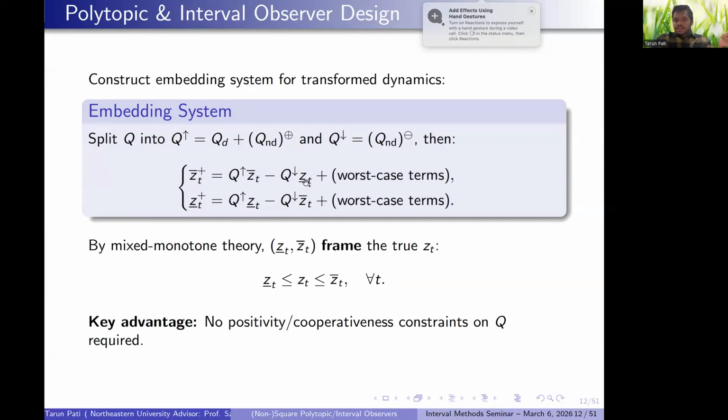The key terms are Q up into Z upper bar minus Q low into Z lower bar for the upper dynamics, plus all the worst-case terms which depend on our bounded noise and bounded disturbances. This sort of construction guarantees that if the initial state Z0 is within these upper and lower bounds, then for all future times, our upper and lower bounds always frame our true transformed state Z(t), without any additional requirements for positivity or cooperative constraints on Q.